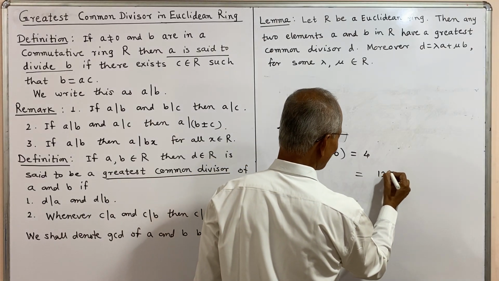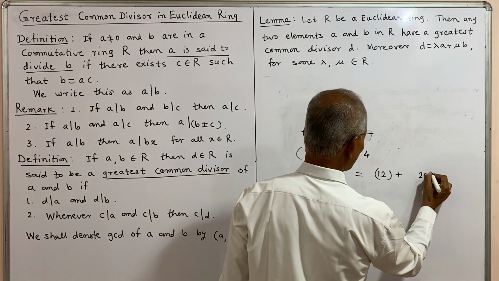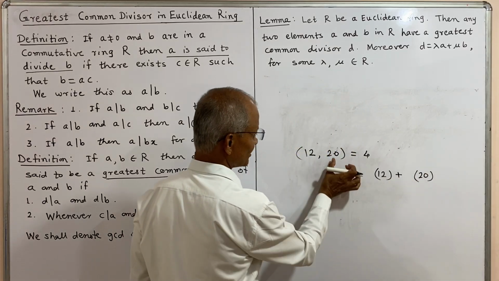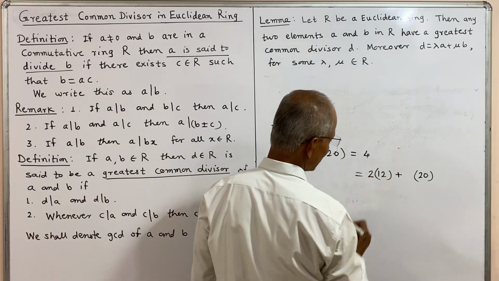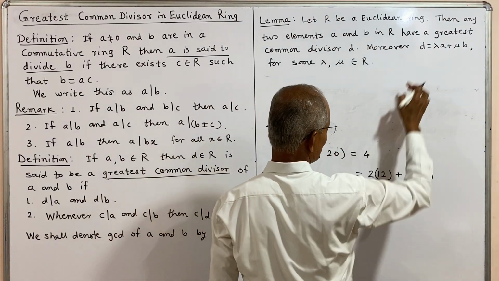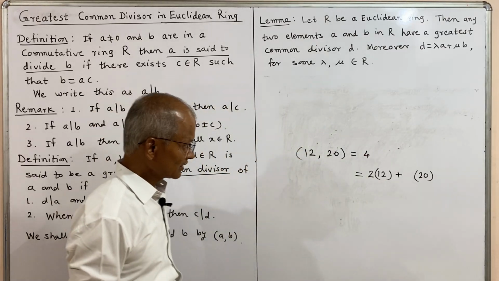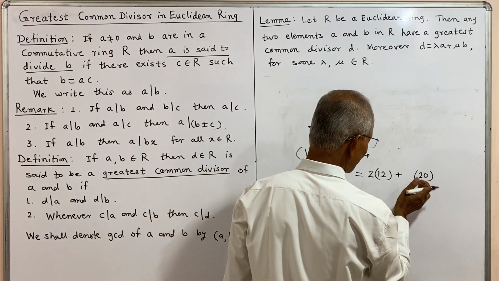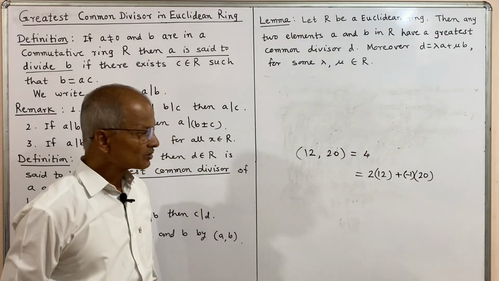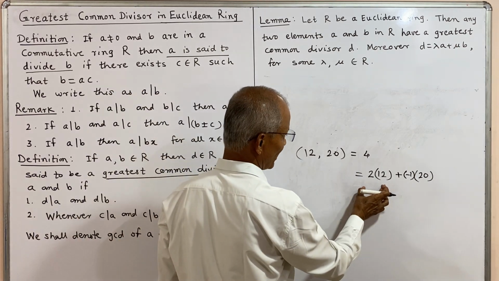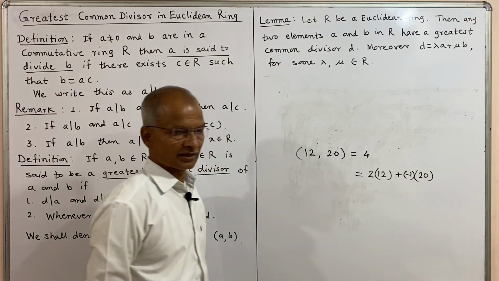We can multiply 12 by some number, and 20 by another, and this combination must be equal to 4. If you consider lambda as 2, then this will be 2 into 12, that is 24, and we have to subtract 20. 24 minus 20 is 4. So this is the combination where lambda is 2 and mu is minus 1.